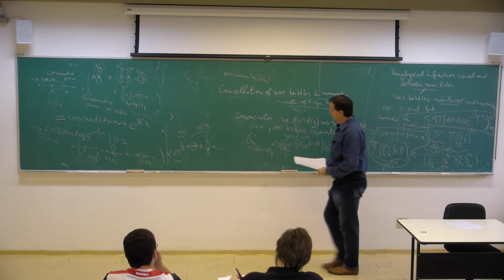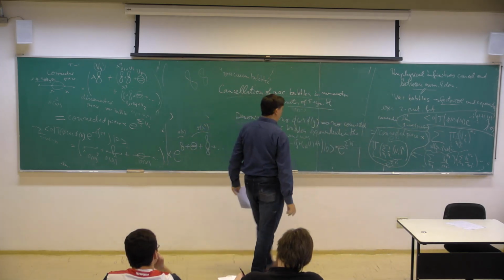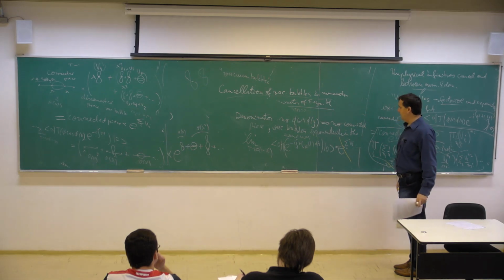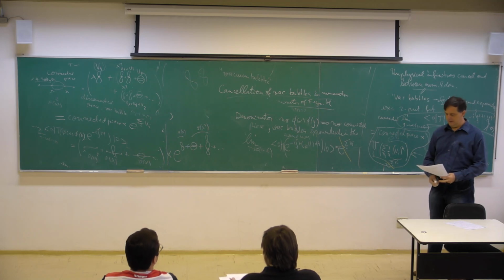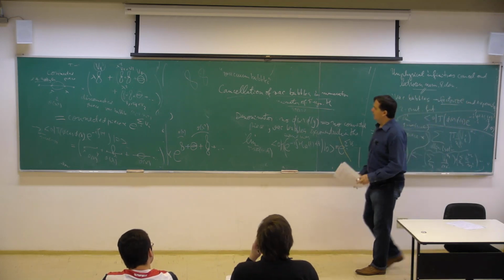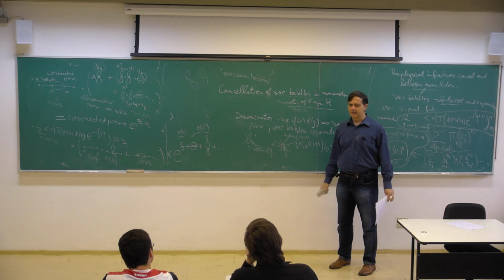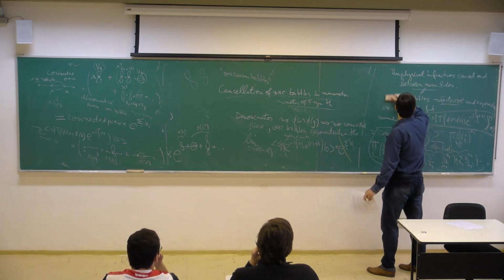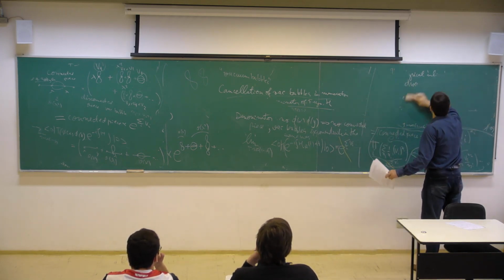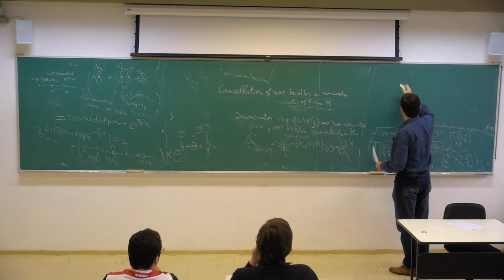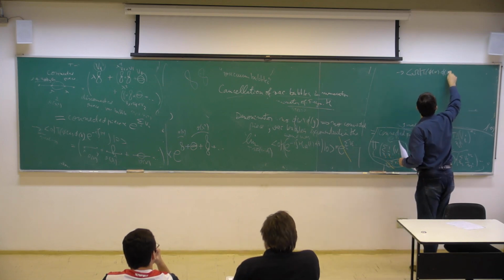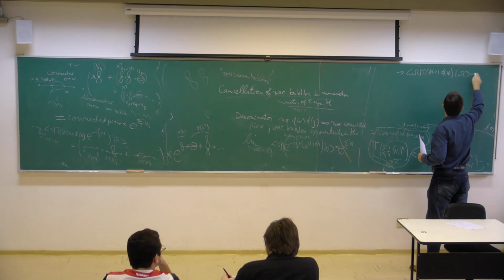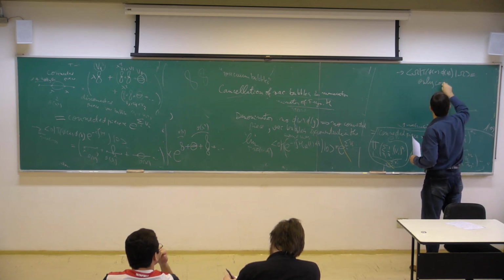So the two exponentials cancel between the numerator and the denominator, and that means that the final result for the 2-point function is just the connected part, the connected diagrams. Okay, so you can say that only connected diagrams contribute.